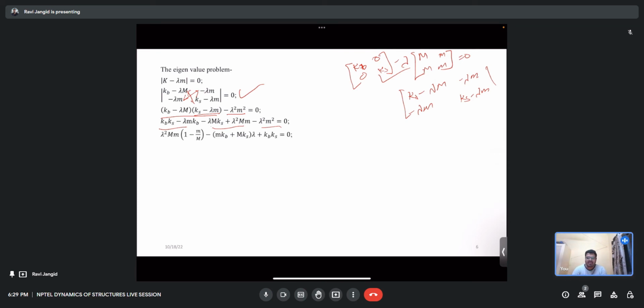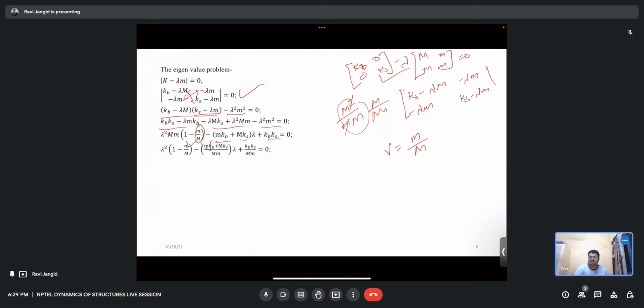If I take lambda square outside, that will remain 1, and that will become m by capital M, like m square divided by small m and capital M. That will cancel out with this, so that will become small m by capital M. The term in which lambda is taken outside will become m Kb and capital M Ks, and that is the same. Remember, in the last slide I showed you that gamma is the small m divided by the capital M, so I will replace this with gamma.